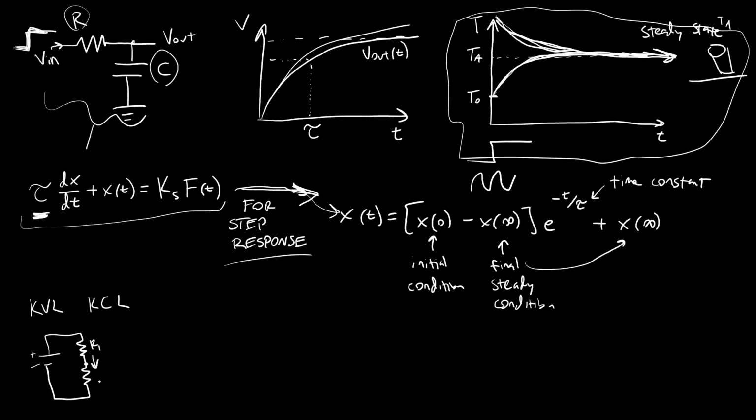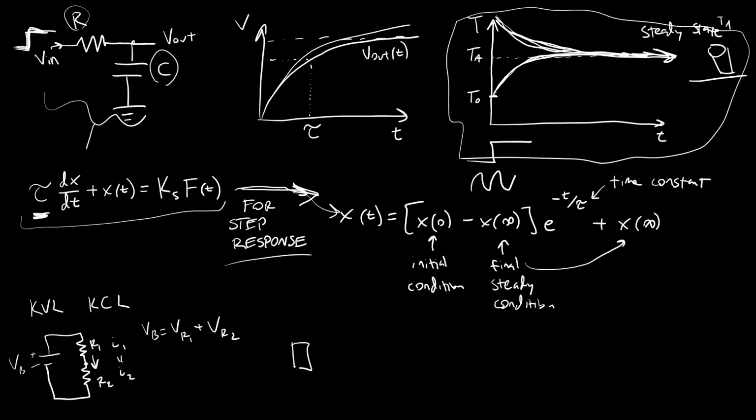If I call them R1 and R2, then I know the current I1 has to equal the current I2. And if I call this the voltage of the battery, then I know the voltage of the battery has to equal the voltage over resistor 1 plus the voltage over resistor 2. Again, that is all review covered in the previous videos in this playlist, which is why I went through this really fast.